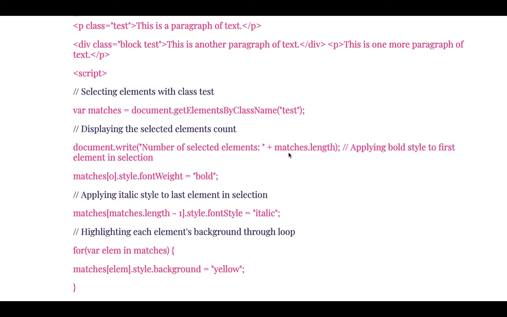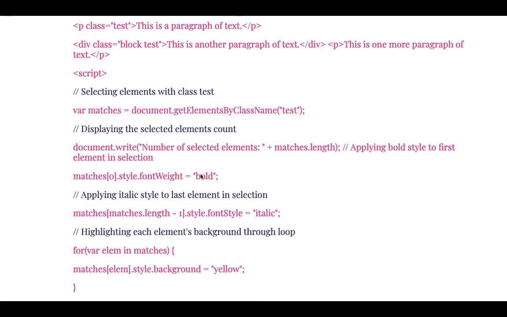So when we now say matches.length, we're saying the array matches.length. That will give us the number of elements that have that class. So matches[0] is saying get the first element that has that class, then change the fontWeight style property to bold.